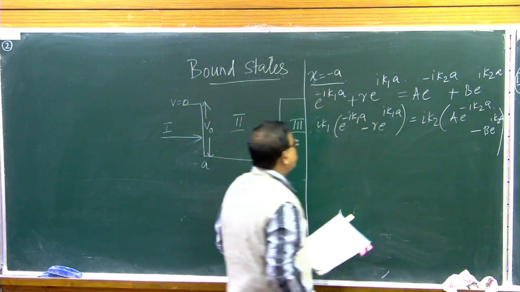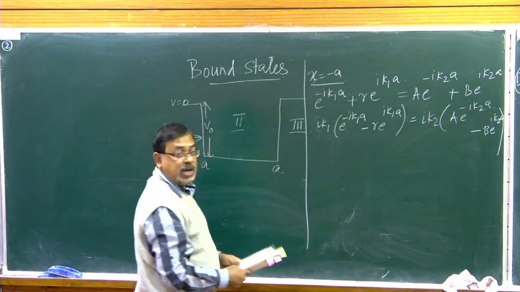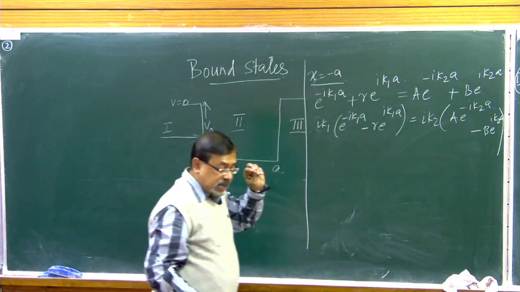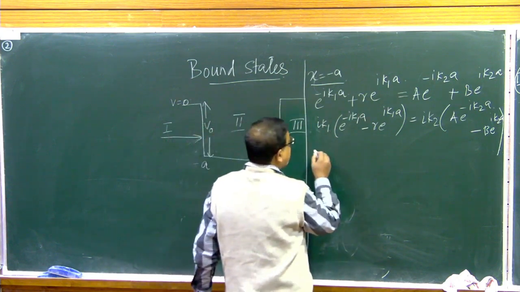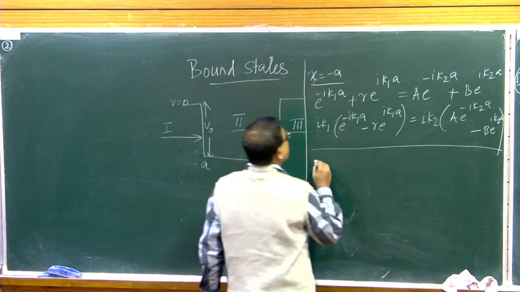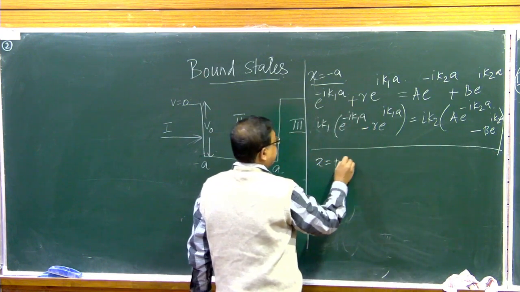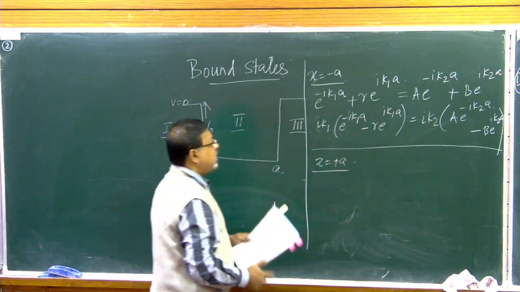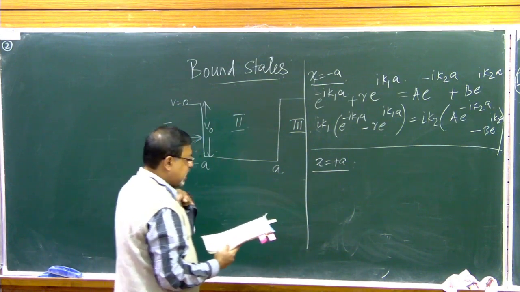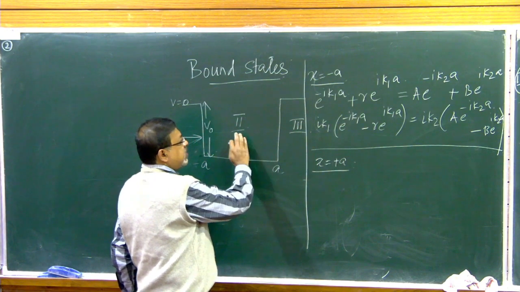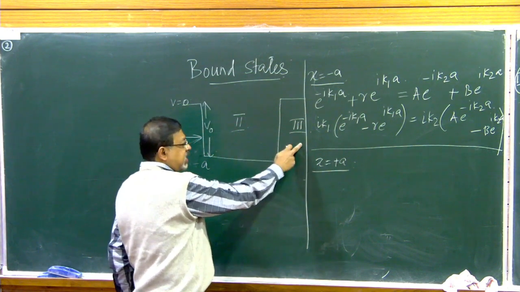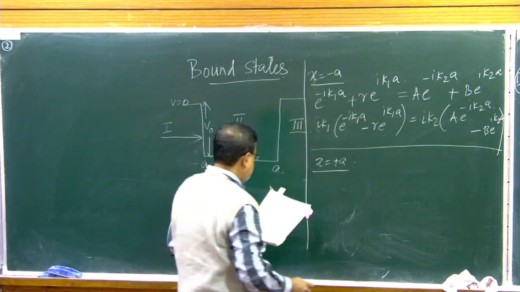So we have matched both the boundary conditions, that is the continuity of psi and the continuity of d psi dx, and now we'll do it at x equal to plus a. Again the boundary conditions have to be matched between region 2 and region 3 at x equal to a.